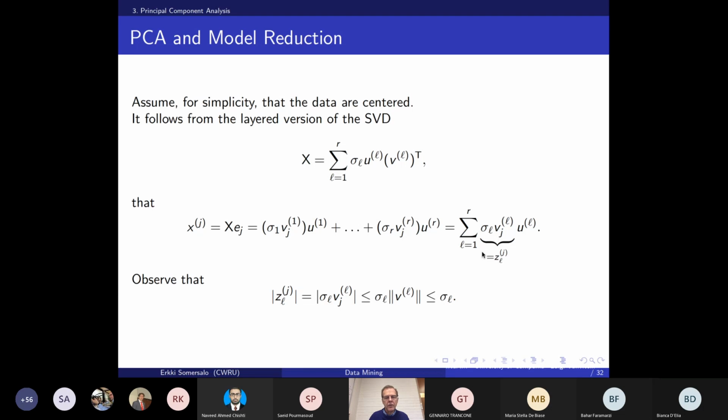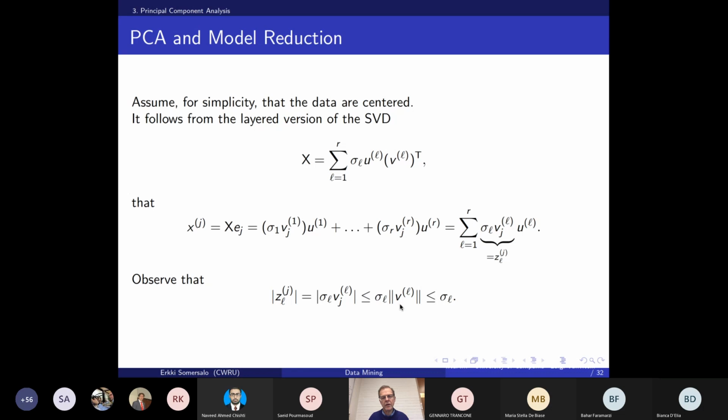Looking at this formula, let's see how large these principal components are. I'm taking the scalar ZLJ, which is the lth principal component of the jth data vector. By definition, this ZLJ is sigma L times VJL. Here we have the jth component of the lth basis vector, which can never be larger than the length of the vector.